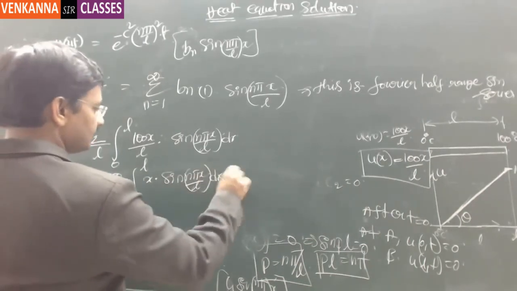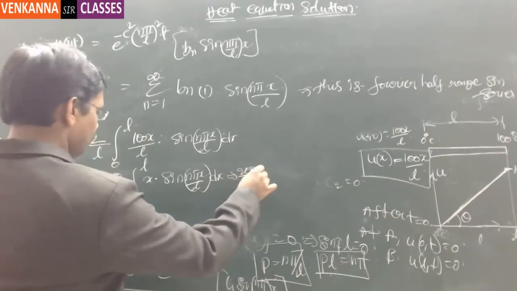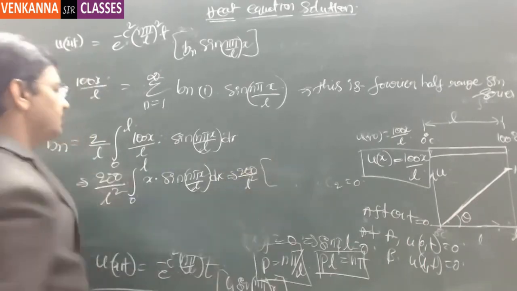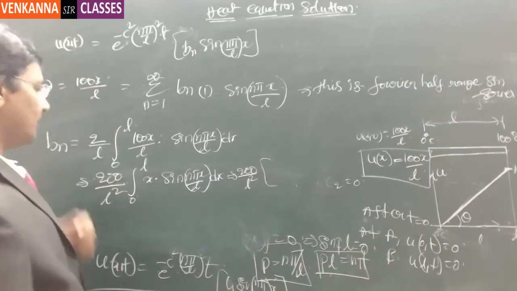Now this is going to be 200 by L square. You can apply the UV or integration by parts formula.